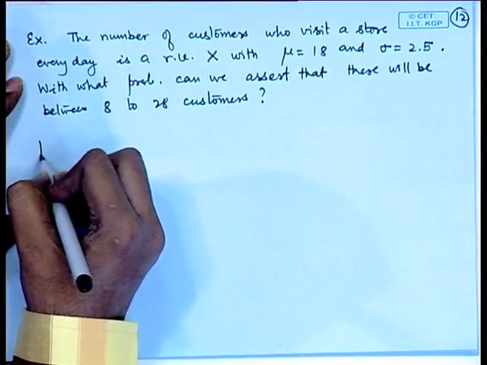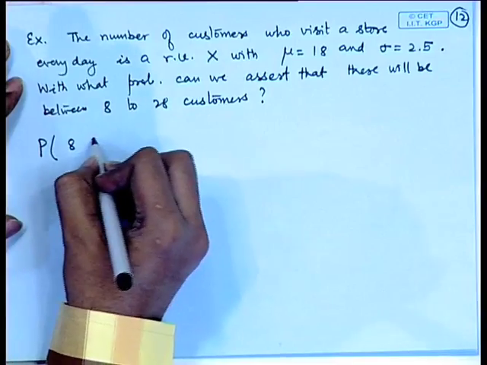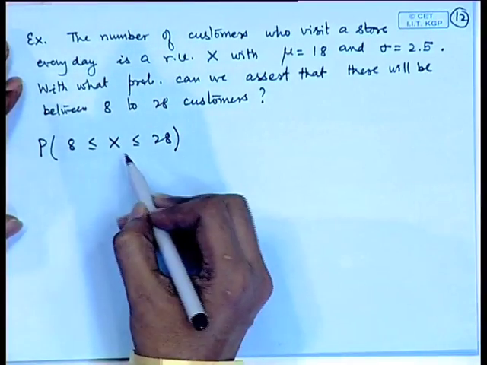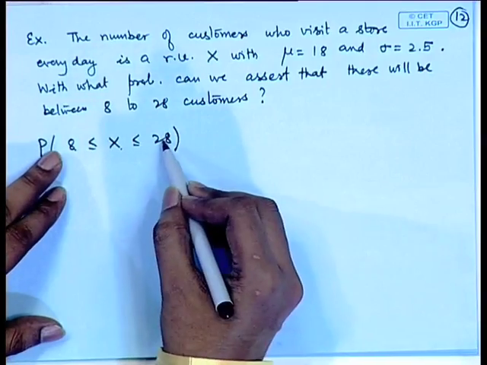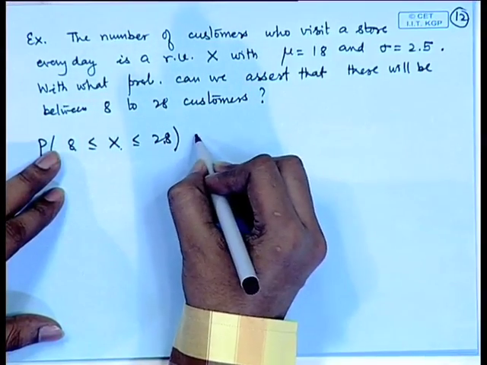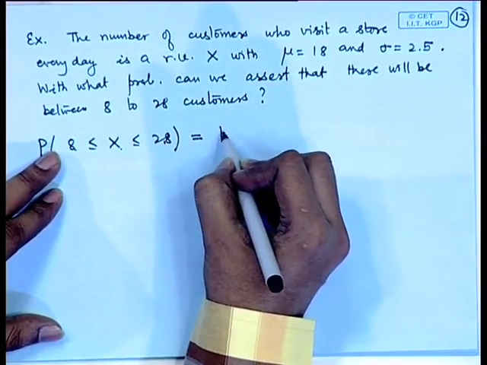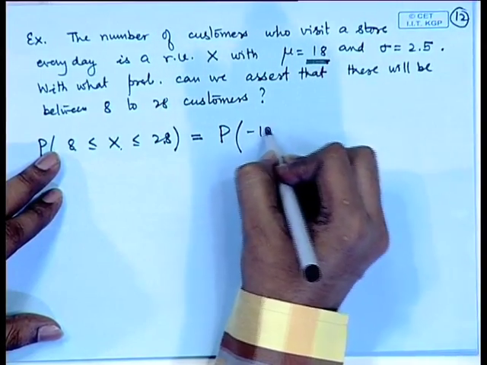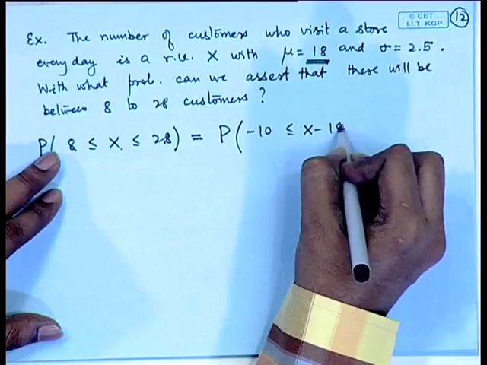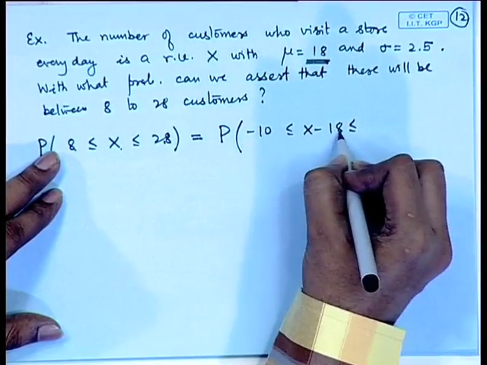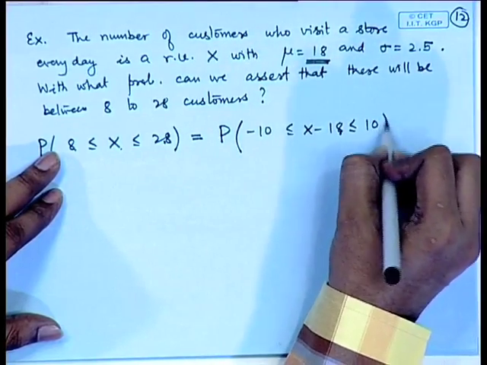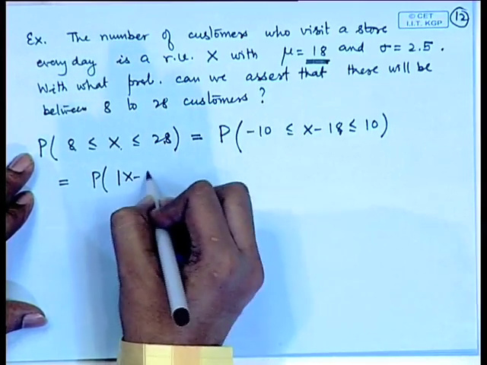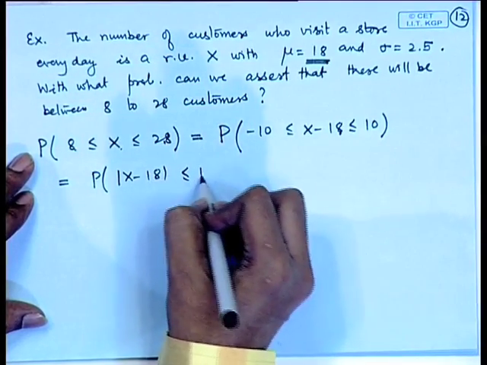That means we are interested in an estimate of the probability that the number of customers is between 8 to 28. If we want to utilize Chebyshev's inequality, here the mean is given to be 18. So, this becomes probability of x minus 18 lying between minus 10 to 10, that means probability of modulus x minus 18 less than or equal to 10.